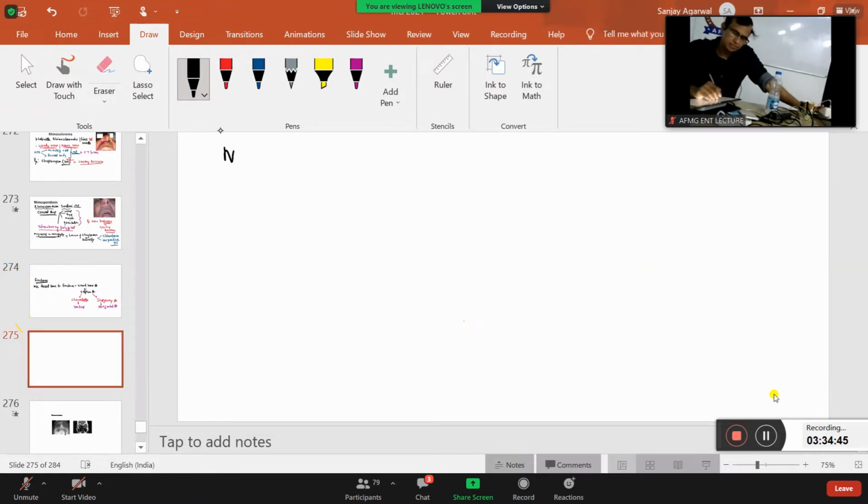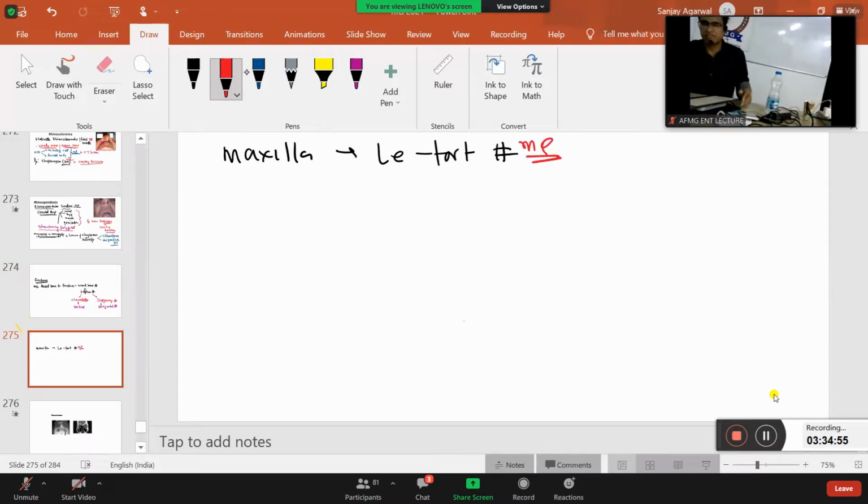Okay, what are the fractures of maxilla called? Fractures of maxilla are called Le Fort fractures. This is very important. Le Fort fractures are fractures of maxilla. And the three, Le Fort 1, Le Fort 2, Le Fort 3, and they ask you the other names.